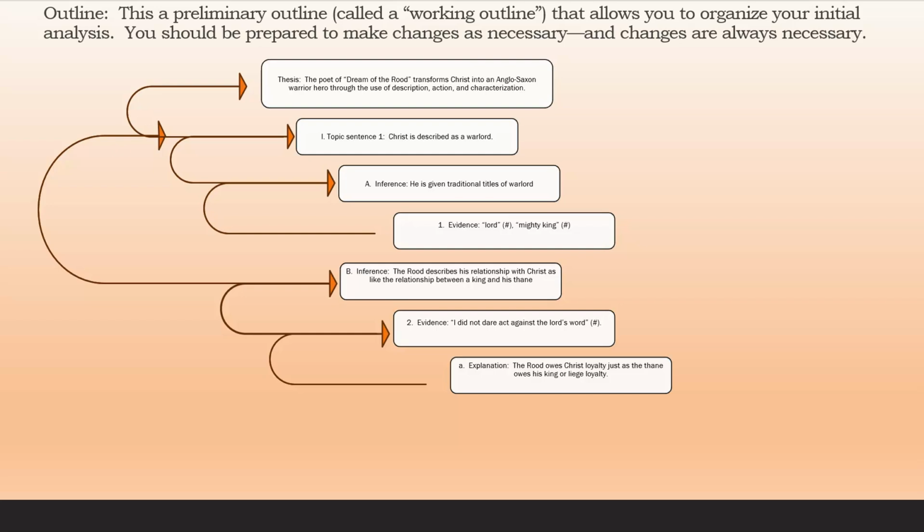Notice it is a preliminary outline, or what we call, generally speaking, a working outline, because it is there to organize your initial thinking, your initial analysis, but since it's not formed into a paragraph, you have the opportunity of making changes as necessary. And it's always necessary to make changes.